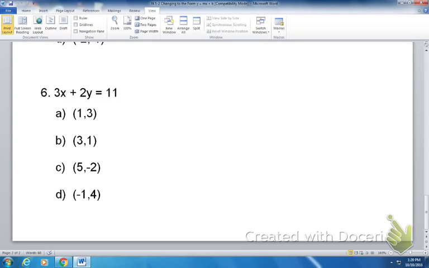3x plus 2y equals 11. Let's go ahead and start plugging some stuff in. First, I have 3 times 1 plus 2 times 3. We want it to equal 11. 3 times 1 is 3, plus 2 times 3 is 6, equals 9. So that one did not work.